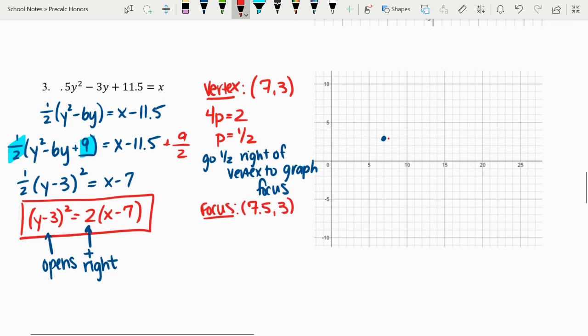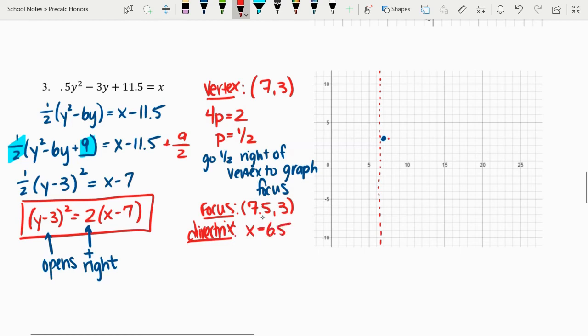Now a nice, quick, easy way to graph would be using twice the distance. Again, I'm going to draw in our directrix here, and I go the other way. I went 1/2 unit to the right for the focus. For the directrix, I go 1/2 unit to the left. So that would be x equals 6.5.